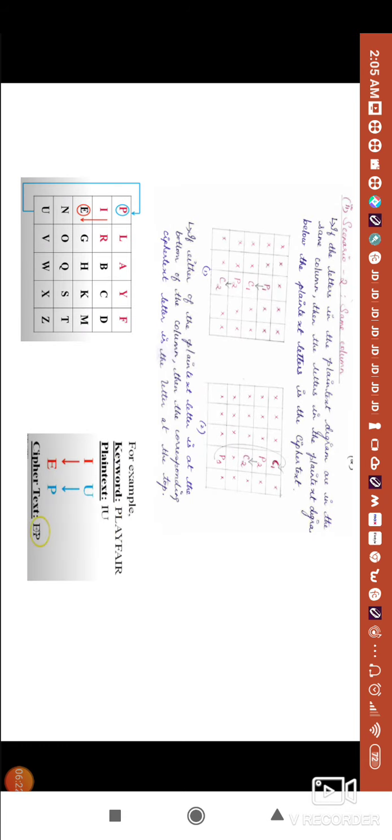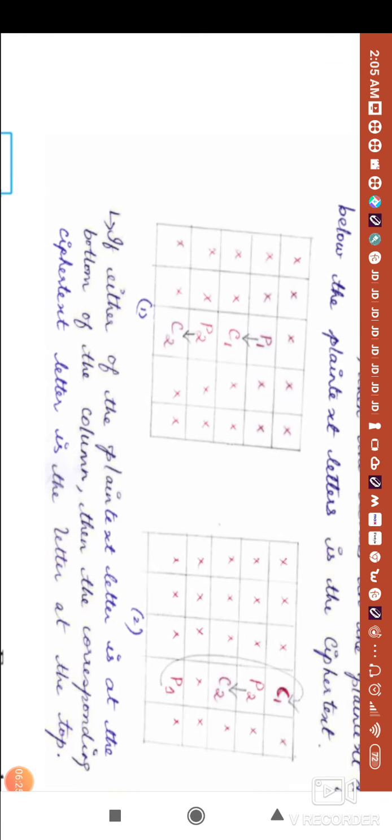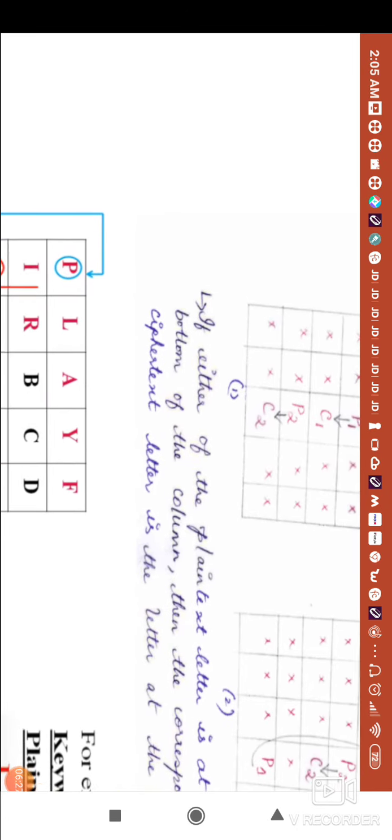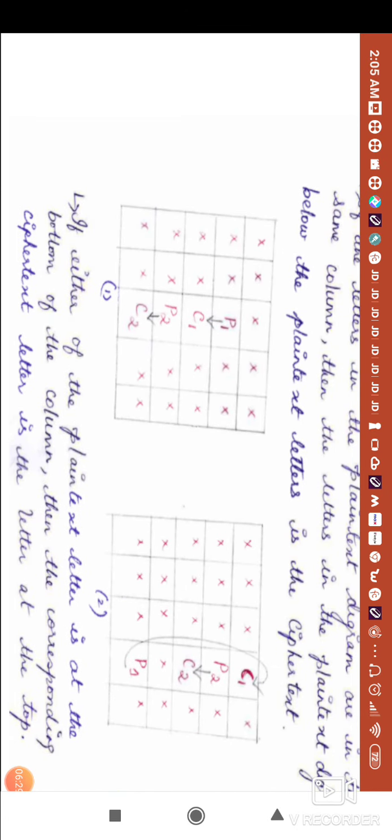The second scenario is, if the letters are in the same column, how do we encrypt? If the letters are in the same column, then each plain text letter is replaced by its below letter. Consider the first diagram. We are encrypting the letters P1 and P2. P1 is replaced by its below letter C1 and P2 is replaced by its below letter C2. Consider the second diagram.